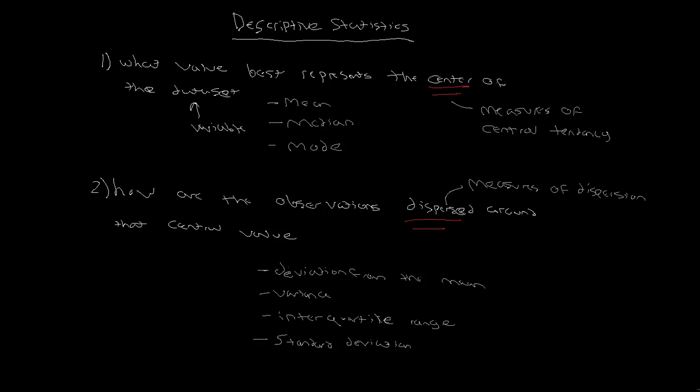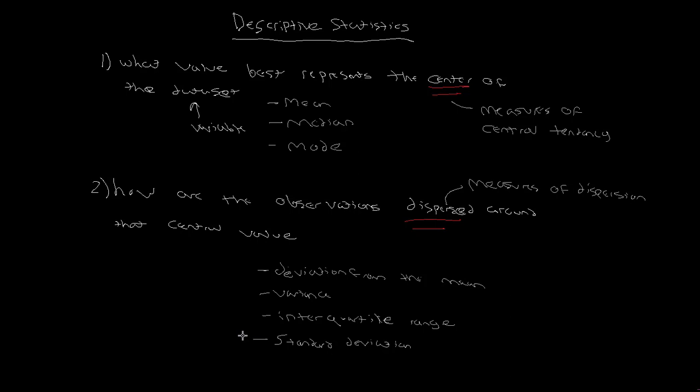And in this lecture video, I want to continue our discussion on descriptive statistics by talking about measures of dispersion. So in the previous video, we talked about the central tendencies with mean, median, and mode. And in this video, we're going to talk about the measures of dispersion: deviation from the mean, variance, interquartile range, and standard deviation.